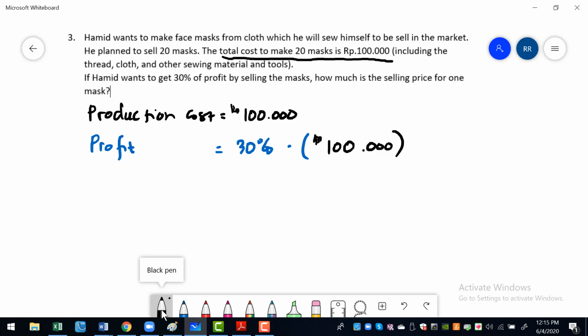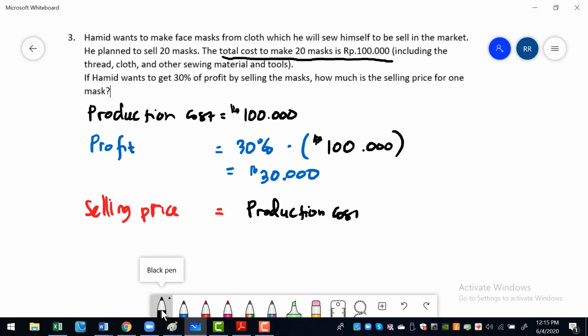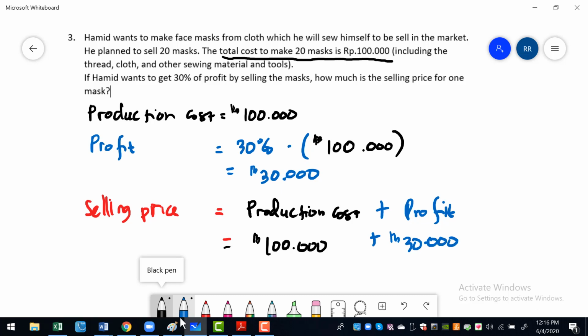Okay, so you can use your calculator again. Here we will have 30,000 rupiah. Okay, so the selling price will be equal to, again, the production cost added with the profit, right? So the production cost is 100,000 added with the profit 30,000 rupiah. So we'll get the selling price of 130,000 rupiah.